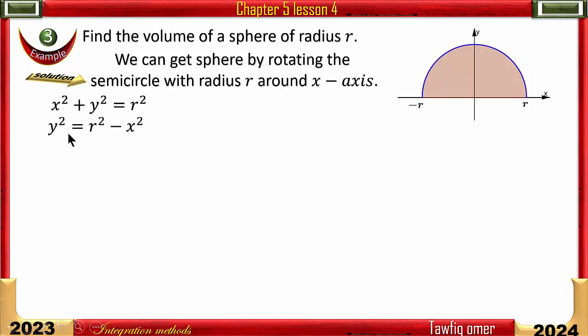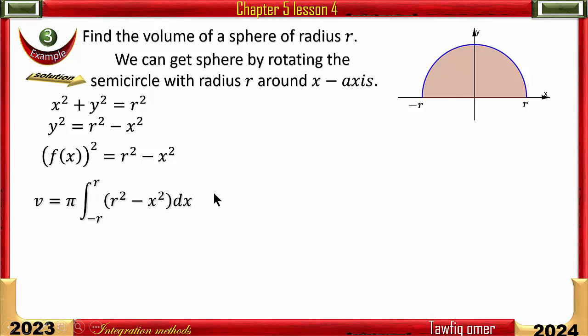Then y squared is equal to r squared minus x squared. That means the f of x squared is equal to r squared minus x squared. And the volume of the sphere is equal to pi integration from minus r to r of f of x squared, which is r squared minus x squared dx.